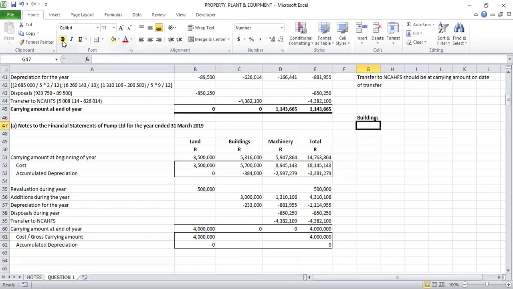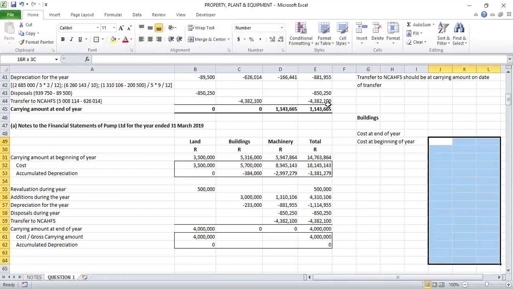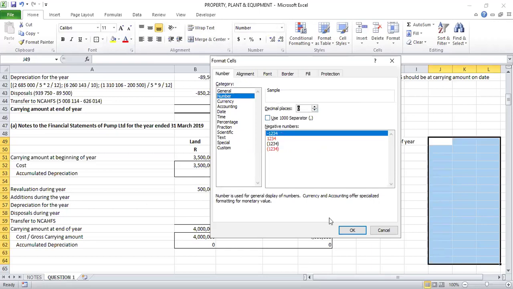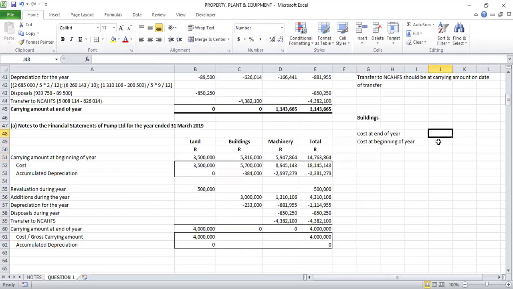Right, to calculate your cost at end of year, you say cost at the beginning of year, which was 5.7.